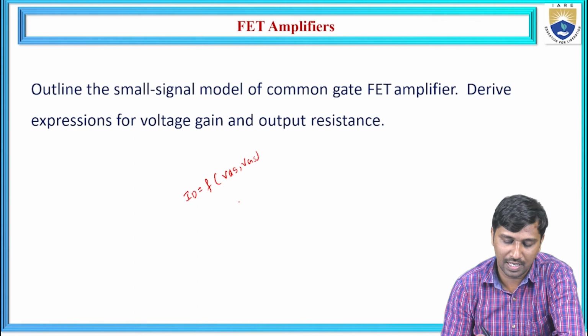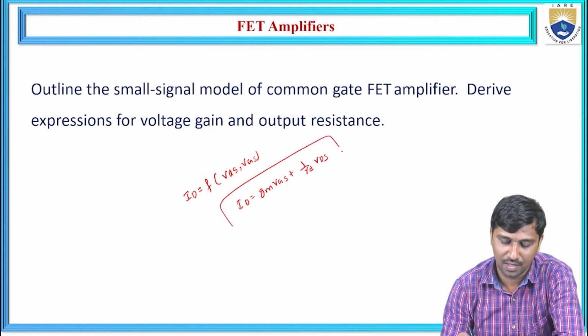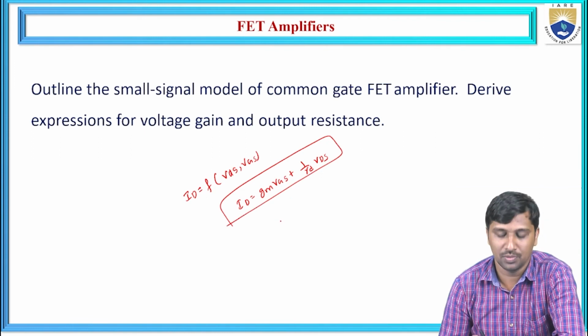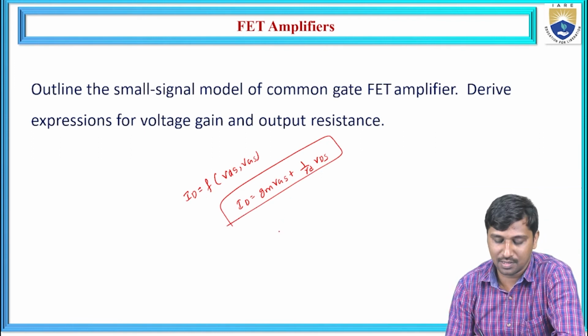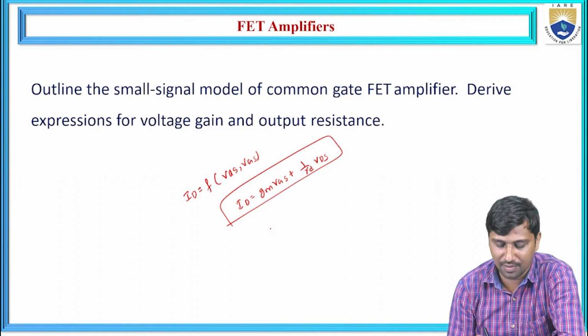Based on that, ID is represented as gm times VGS plus 1 by rd times VDS.